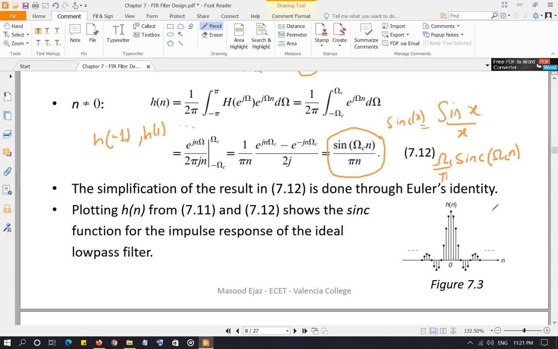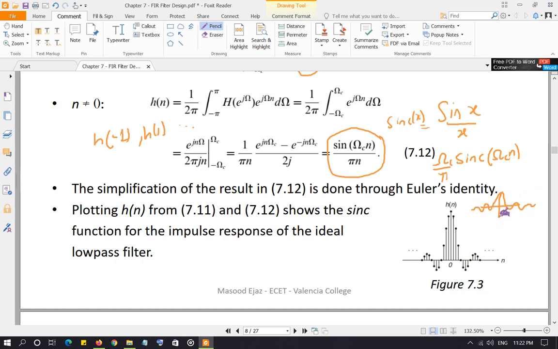Now the sinc function has this type of characteristic. It basically oscillates like this. So this is the time domain characteristic of the sinc function.